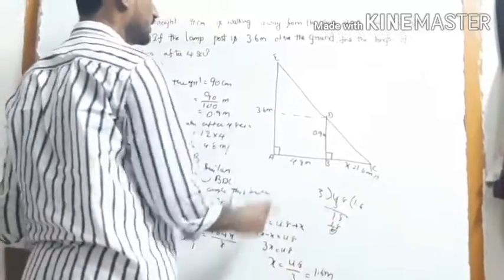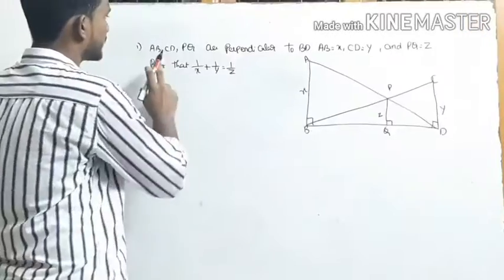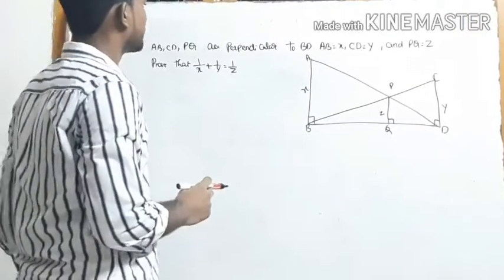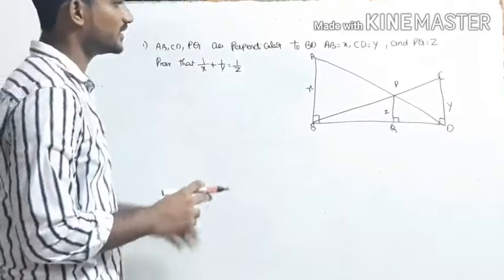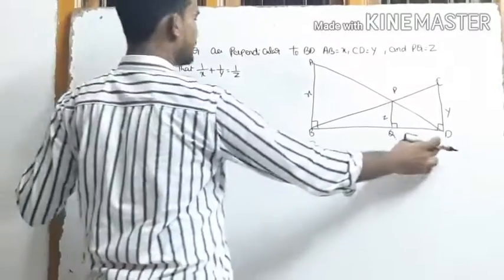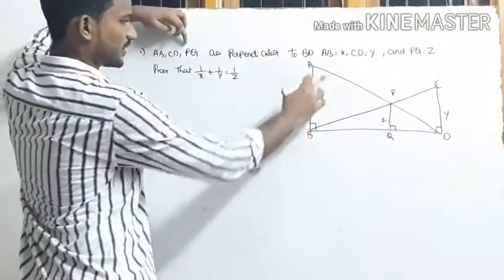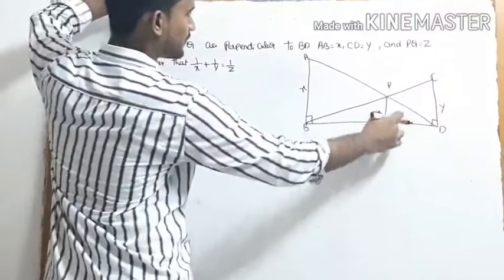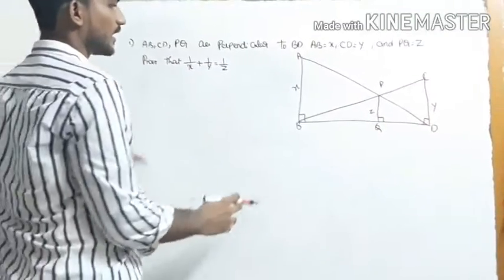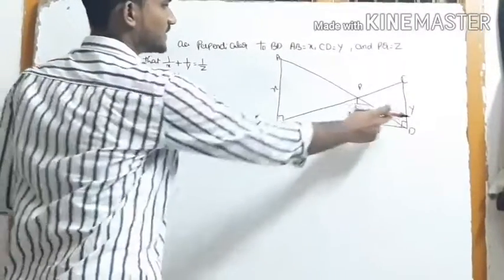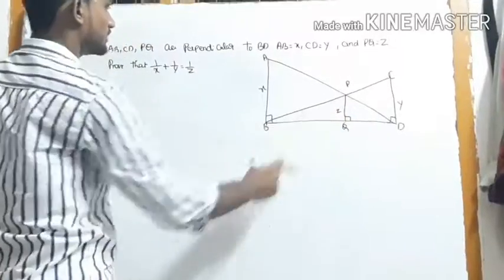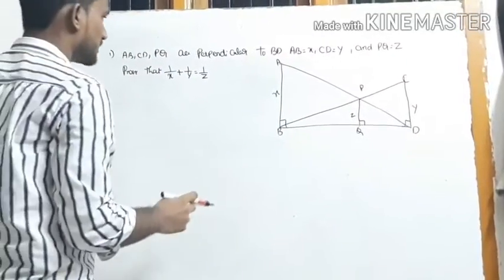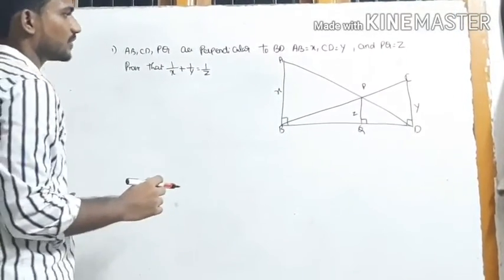This is the shadow of the girl. AB, CD, PQ are perpendicular to BD, and AB equals x, CD equals y and PQ equals z. Prove that 1 by x plus 1 by y equals 1 by z.